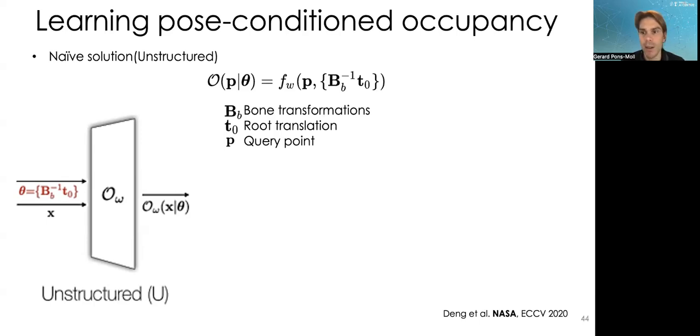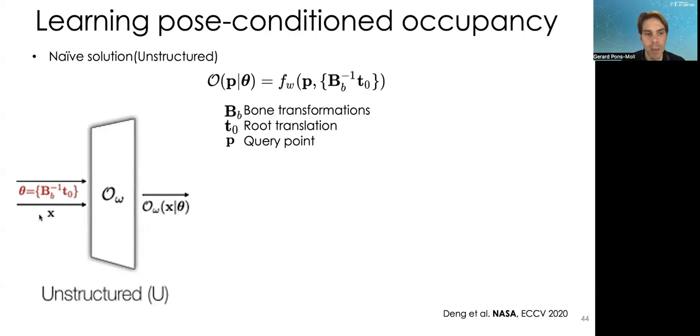The argument in this paper was that you need to reason a little bit about these articulated structures. Otherwise, it's going to be very difficult for the network to learn the occupancy of the surface for every possible pose. They show here the naive solution, which would be some representation of pose.